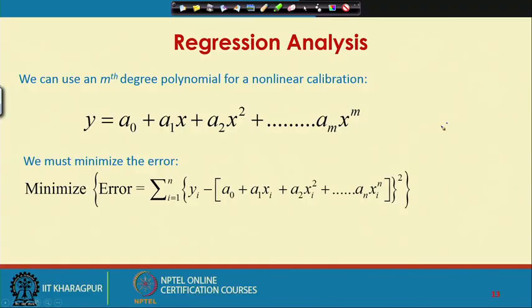So, this is how we can fit an mth order polynomial through the data, but we will do this only if the linear equation does not fit the data.